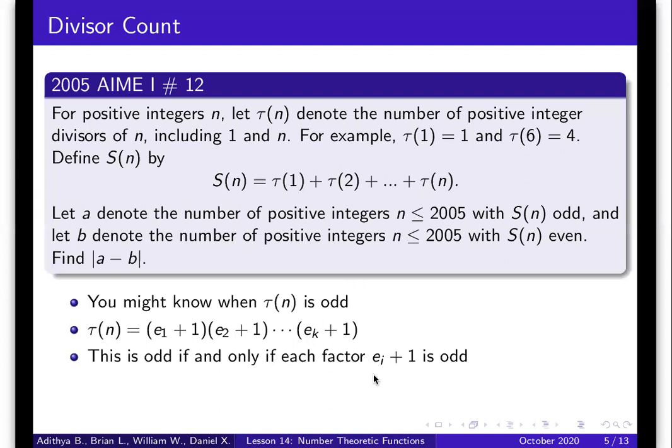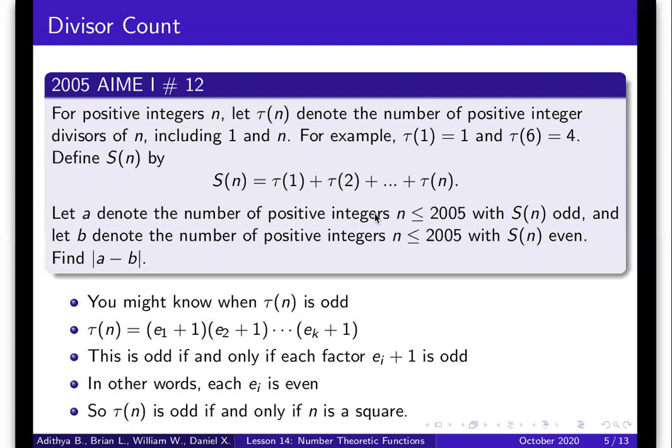And assuming that all ei plus 1 are odd, that means that all ei are even. And if all of the exponents in the prime factorization of n are even, then n is a perfect square, and vice versa. So this way we know that tau is odd if and only if n is a square.